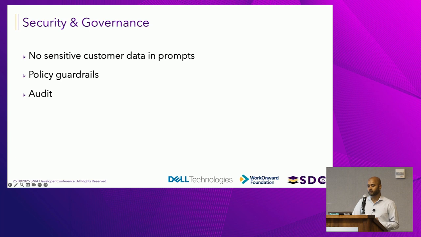And one key takeaway from this slide for security and governance is the policy guardrails, that we need to have some sort of guardrail when we do all the prompting. The first bullet point is quite well understood.